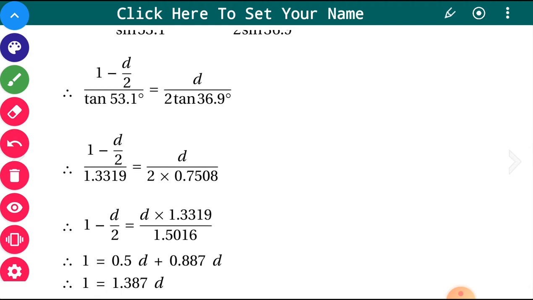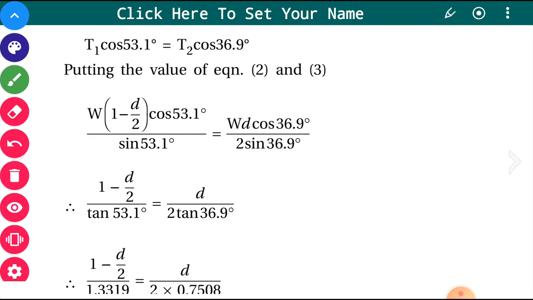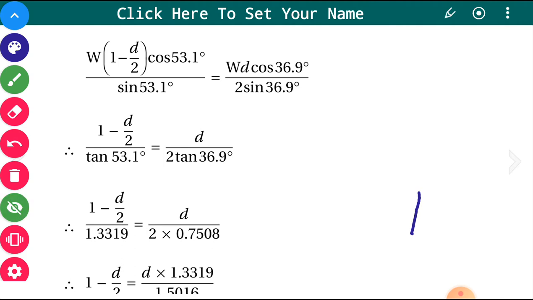So you can simplify now easily, and the value of D can be obtained. Sin upon cos will become tan, so this becomes 1 upon tan theta. This value you can see from the natural tangent table, that is 0.7508.